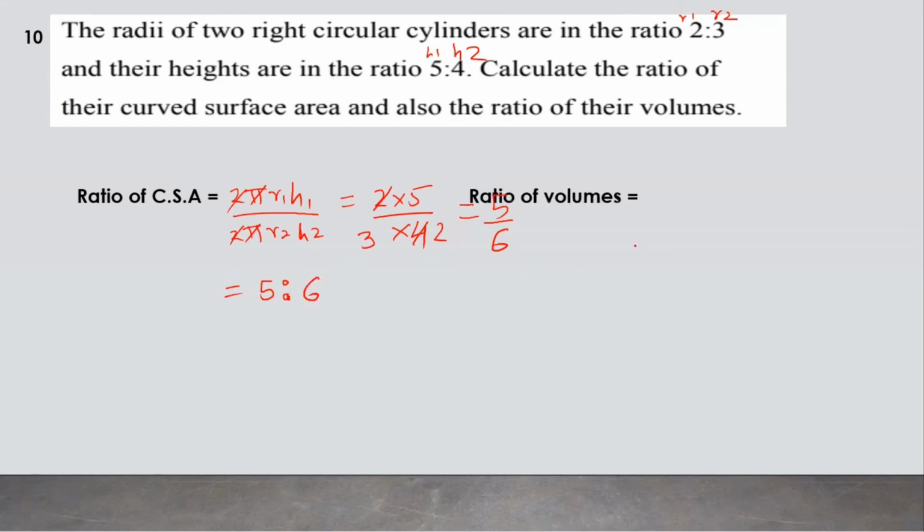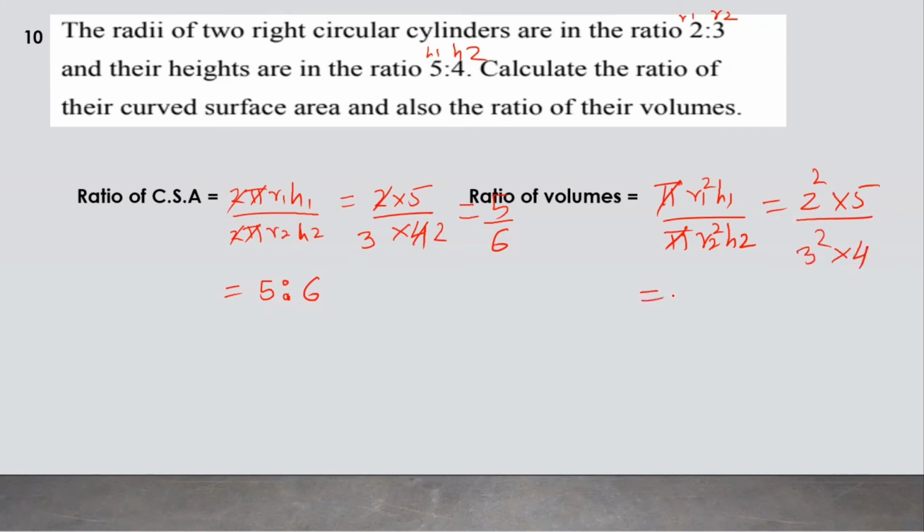Now let us find the ratio of the volumes. The formula for the volume of a cylinder is pi r square h. So we will be putting the value pi r1 square h1 upon pi r2 square h2. Let us simplify this. Your r1 square is again 2 square, h1 is 5, r2 square is 3 square, and h2 is again 4.